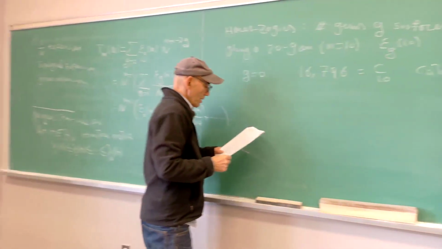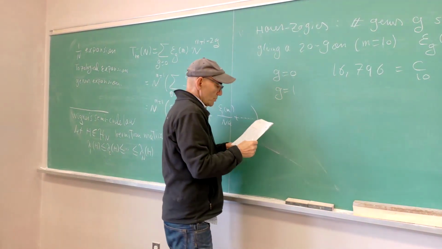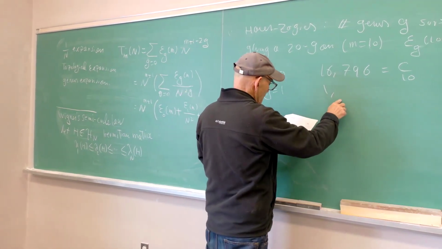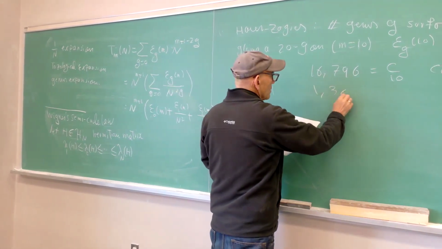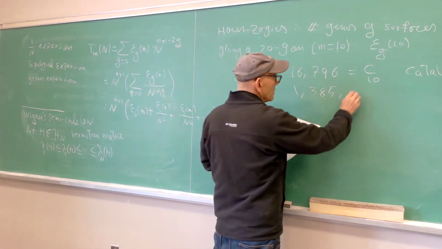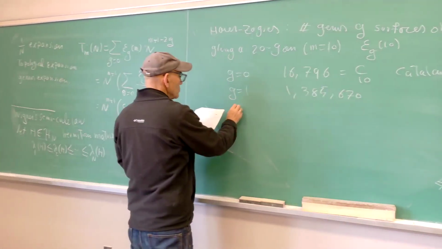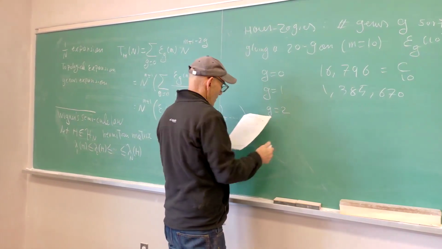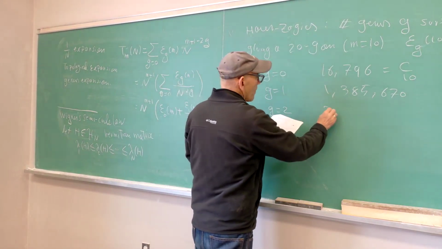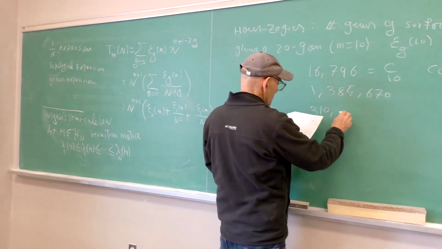Now, g equal to 1, you get 1,385,670 cases. So g equal to 2 is 310 million, 390,000.